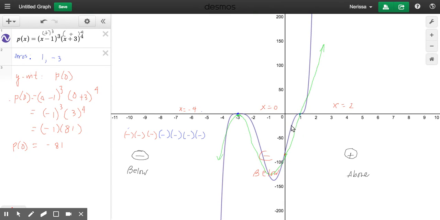It actually curved a little bit. Here we notice that 1 is a 0 3 times, so it curved. But here negative 3 is a 0 4 times, and it bounced back to the negative territory. It did not go to the other side of the x-axis.